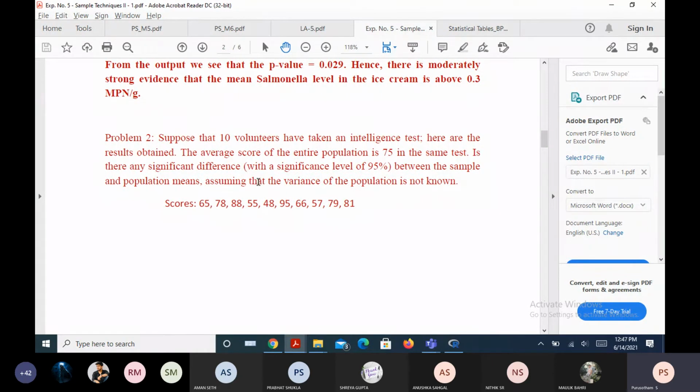In the null hypothesis we assume there is no difference between sample mean and population mean, and the alternative says there is a significant difference. Since you favor H0, you conclude there is no difference. It means that if 75 is the class average and I have taken 10 of you, your average is not significantly deviating from 75. That is the meaning.